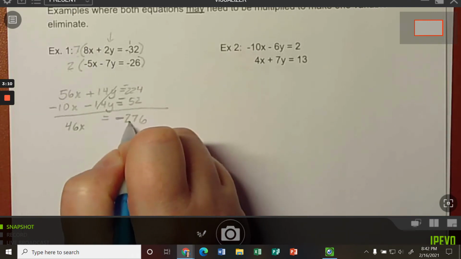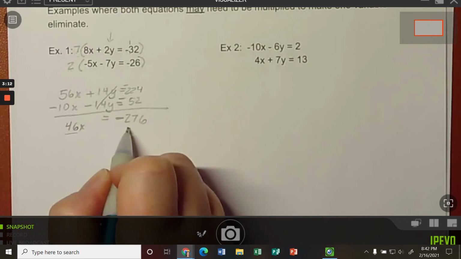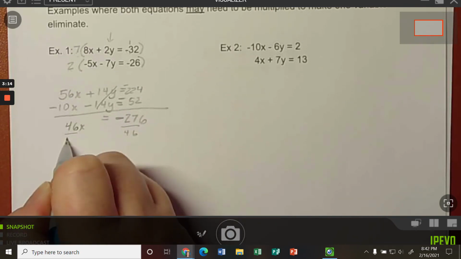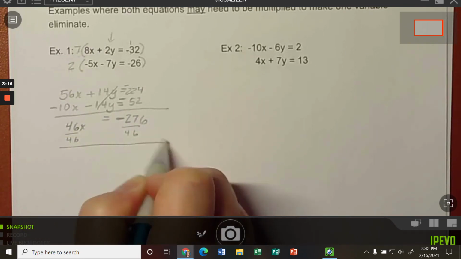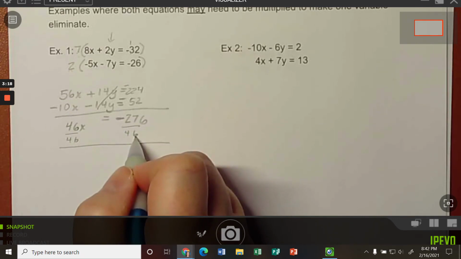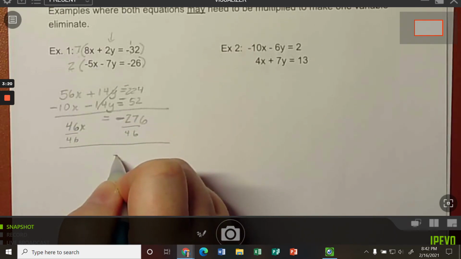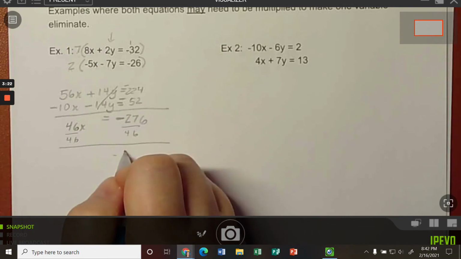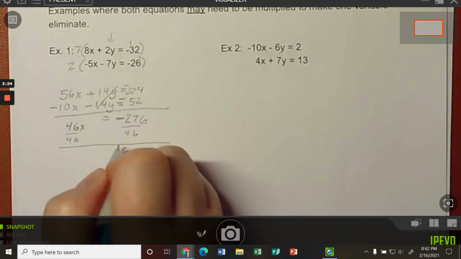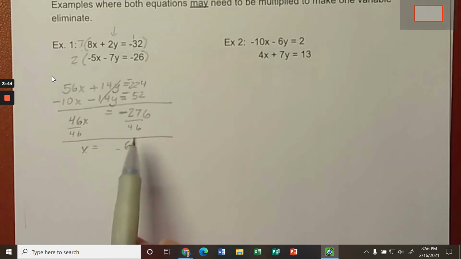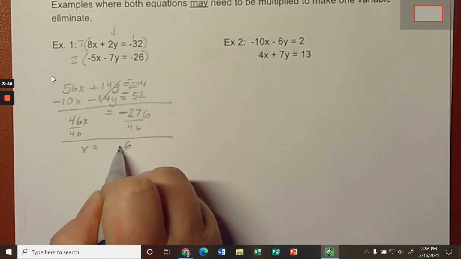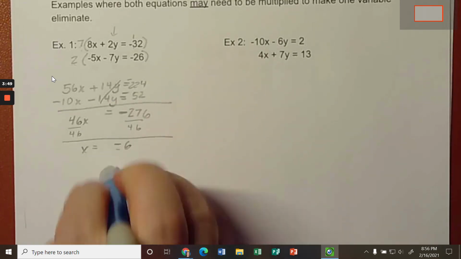So we get negative 276. Then we divide each side by 46, and that is going to give us negative 6. So x is equal to negative 6.